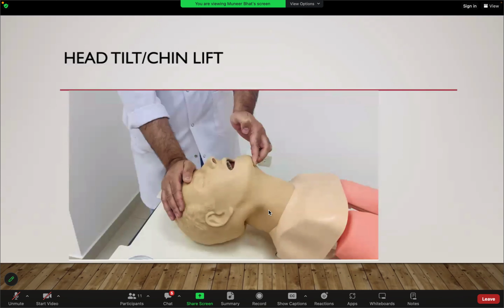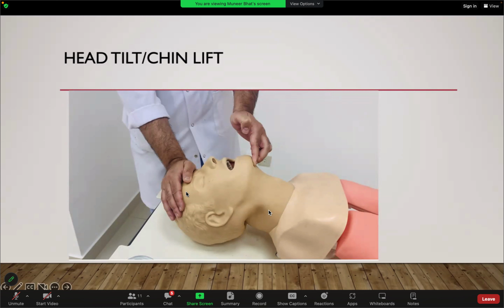Now, this is the maneuver that we do that is known as the head tilt chin lift. Here, what I'm trying to do, I'm trying to keep my one hand at the forehead and other two fingers, index and the middle finger at the mentum of the patient. Okay, so I'm trying to lift this chin up and at the same time doing the head tilt.